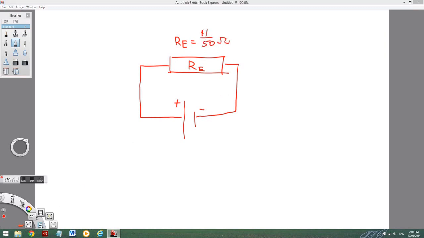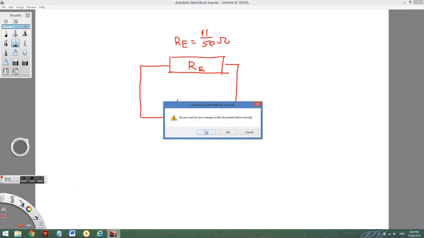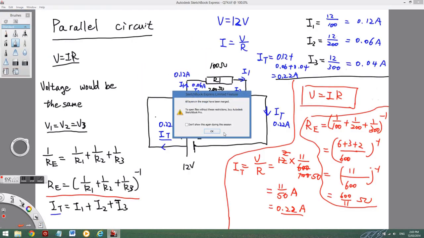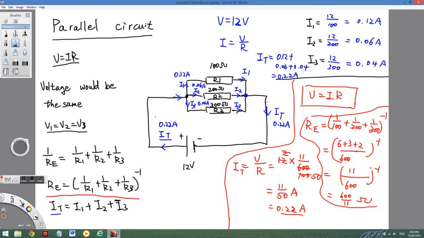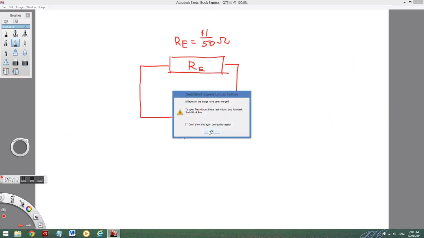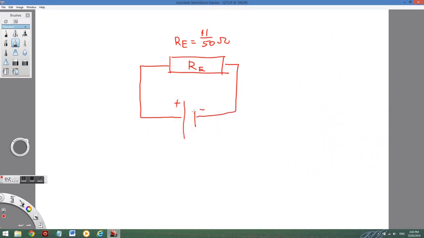These two circuits mean the same thing. It just depends on the application; engineers and scientists do this to make everything simpler.